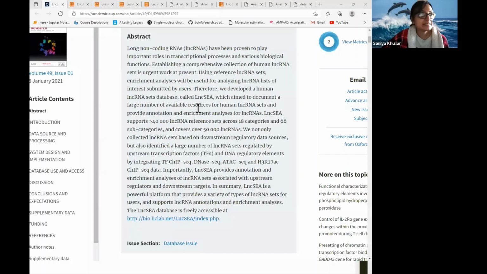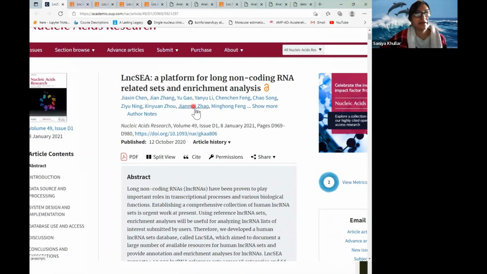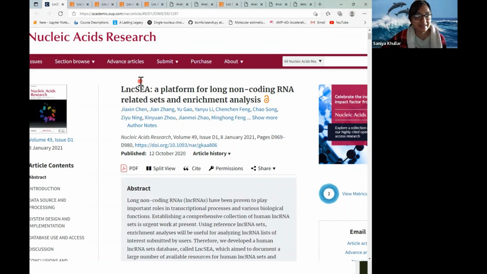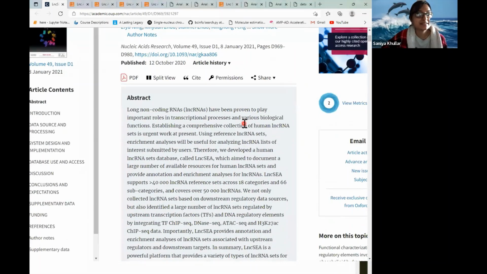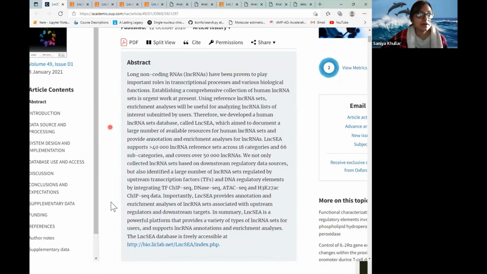This resource actually comes from this paper here, which was just pushed out very recently: a platform for long non-coding RNA related sets and enrichment analysis. Here's the link, but they talk about how long non-coding RNAs have been proven to play important roles in transcriptional processes and various biological functions. So it's important to have this collection of human lncRNA sets, and it's urgent. So they can then do enrichment analysis for long non-coding RNAs.